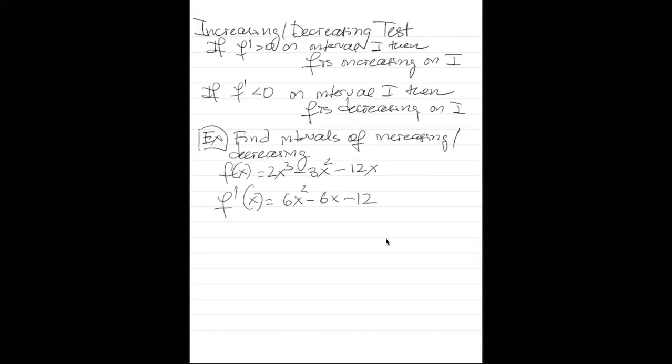You want to set it equal to 0, find critical numbers, factor out 6, x squared minus x minus 2, and then factor. We can ignore the 6. How does that factor? x and x, 1 and 2, minus plus. Does that work? 1 minus 2, negative 1. Okay, so x equals negative 1 and x equals 2 are the critical numbers.